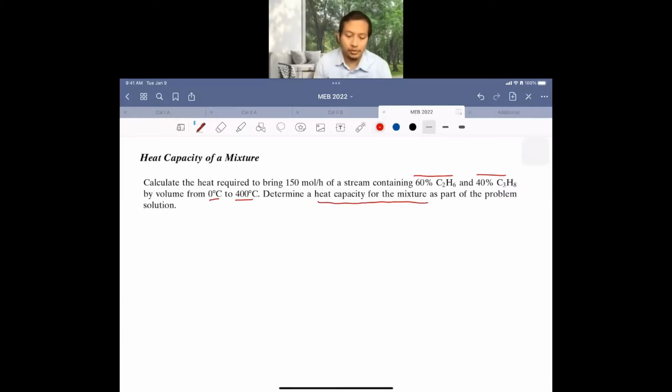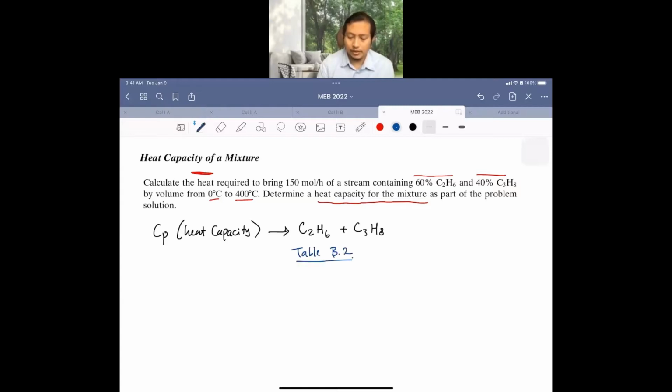So the problem is we need to calculate the heat, and the heat we get from the integration of the Cp mixture, right? So first thing is we need to get the Cp, the heat capacity, from the ethane and propane. This is from table B2. Check the ethane and check the propane.